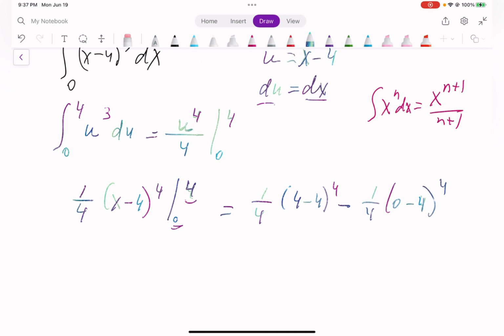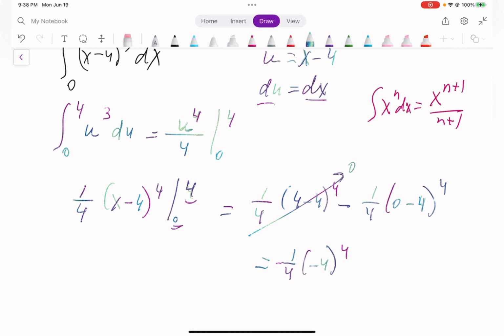What do we get? The first part is going to be 0, because 4 minus 4 is 0. And I'm getting negative 1/4 times negative 4 to the power 4. So it's practically going to be 16 times 16, because 4 squared is 16.